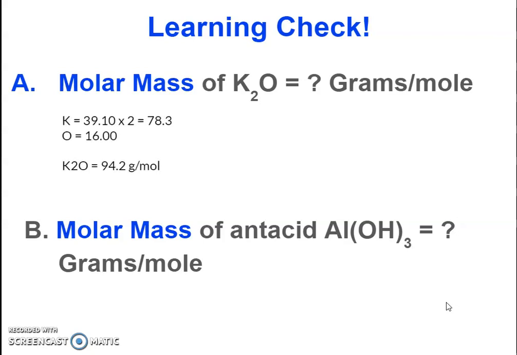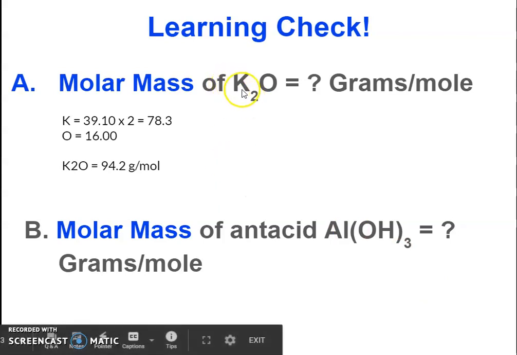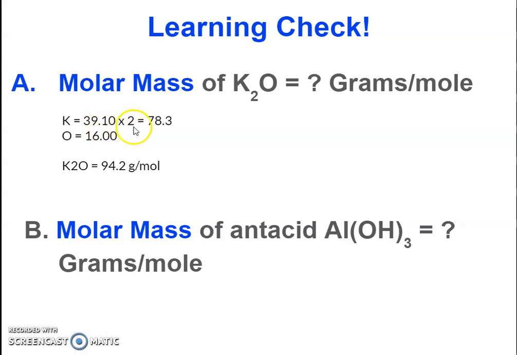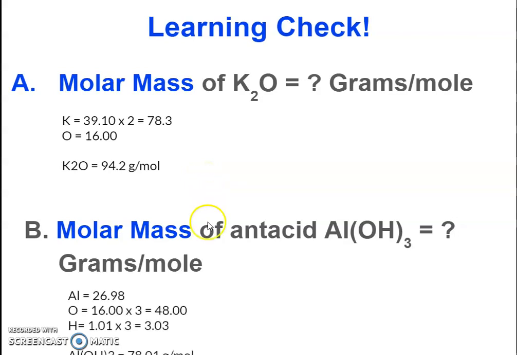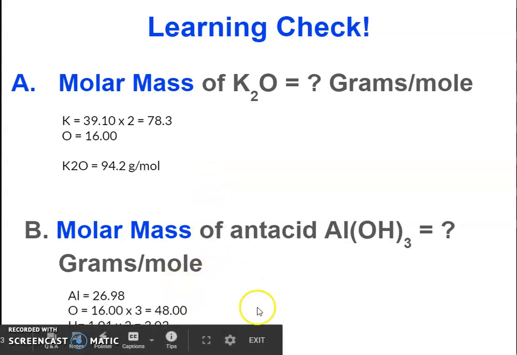Okay, if you're back, so this is basically what you do. We needed 2 potassium, so that's 39.1 times 2 gives you 78.3. We're going to add that to the molecular weight of oxygen, which is 16, and you should get 94.2 grams per mole. And then for aluminum hydroxide, we've got 26.98.